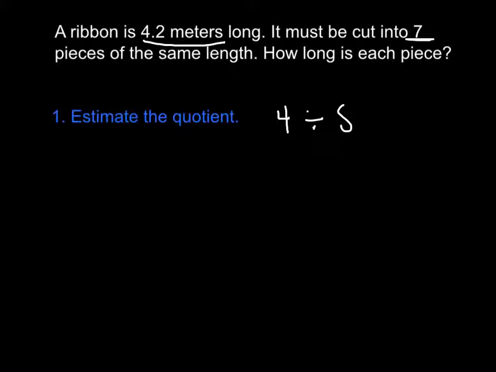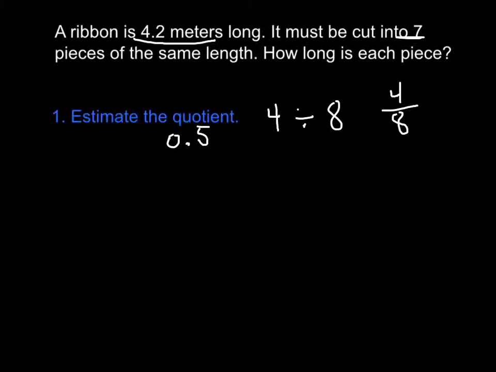So 4 divided by 8, which I know is the same thing as a fraction, 4 over 8. And I could do that. 4/8 is the same as 1/2, which I know is equal to the decimal 5/10. So I could write that in, 5/10 would be my estimate.